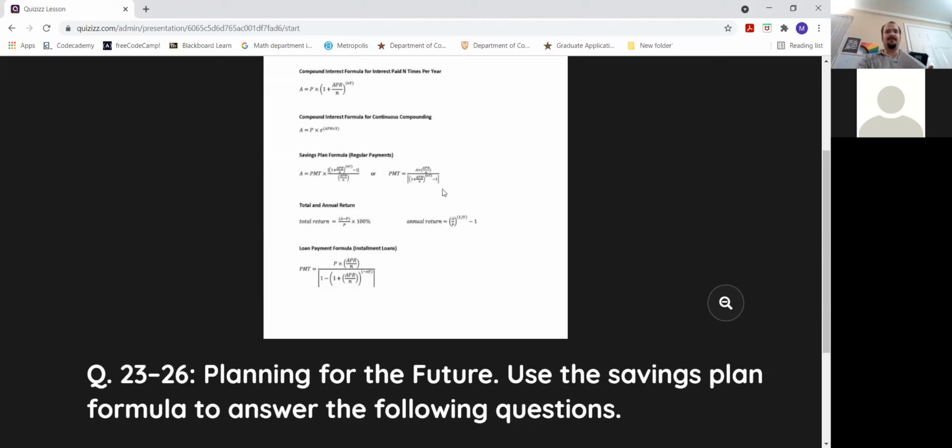I know I said there's two different formulas. They are really the same formula. If you look at them and try to solve one for the other, you will get the other formula. Basically, if you reciprocate this fraction and multiply it to the other side, you'll get this formula.